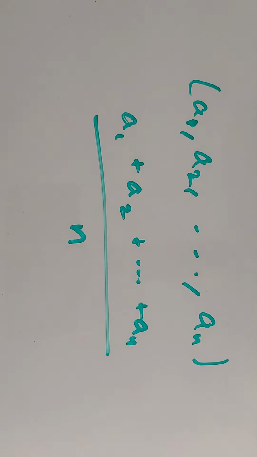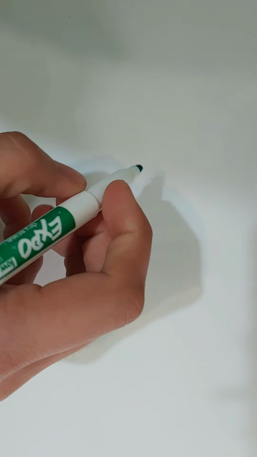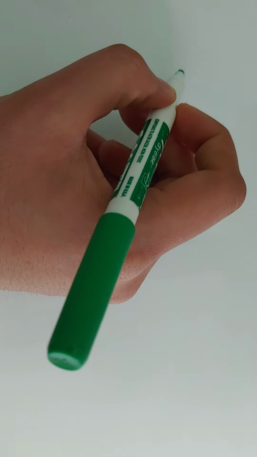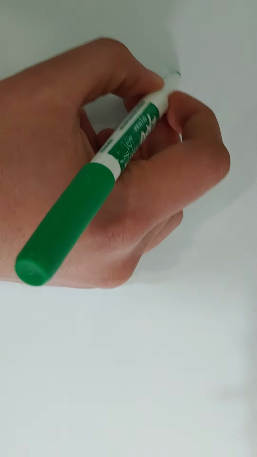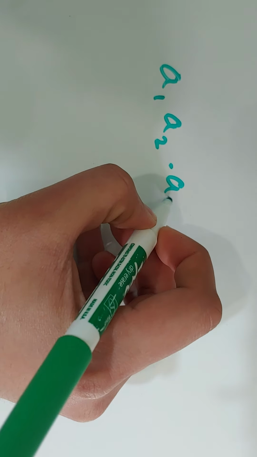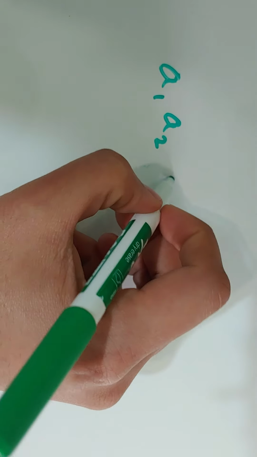But now I want to introduce you all to a new type of mean called the geometric mean. In contrast, if you have the same list of numbers, it's going to be expressed this way. Instead of adding the terms together, we're going to be multiplying them together. So A1 times A2 times A3, all the way up to AN.